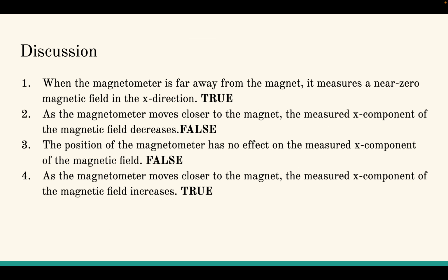For the discussion questions that I mentioned needing to show, it's true, false, false, and true, as can be seen by doing the experiment and by looking at the different equations. You can see that these are all true and false.